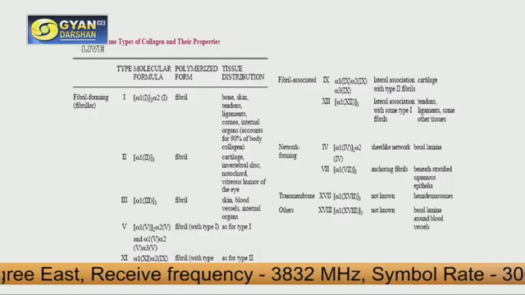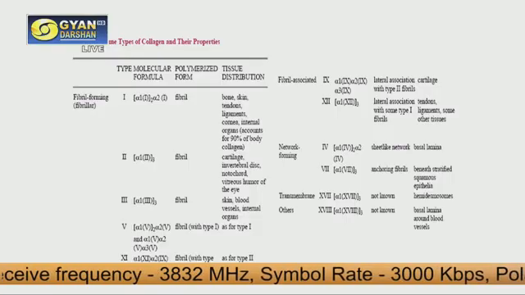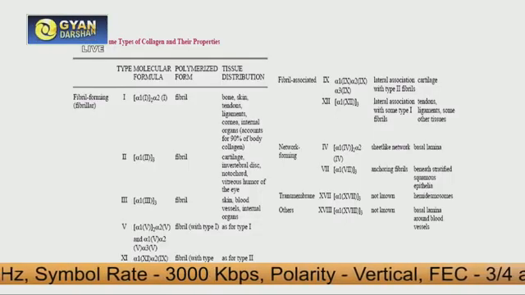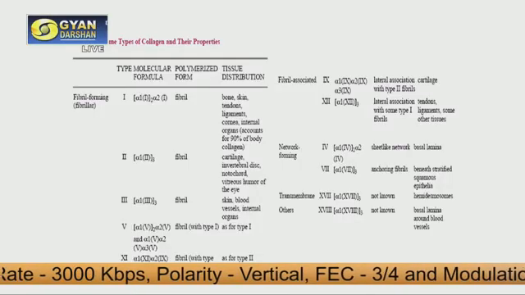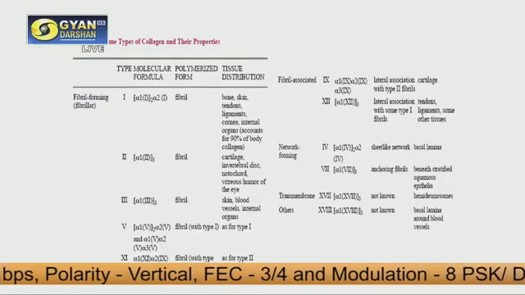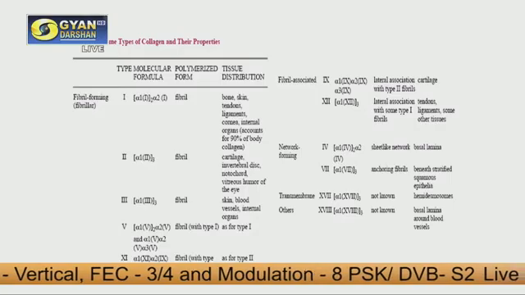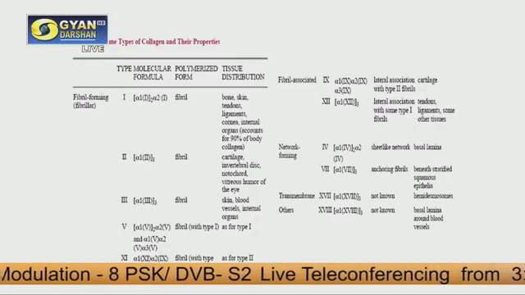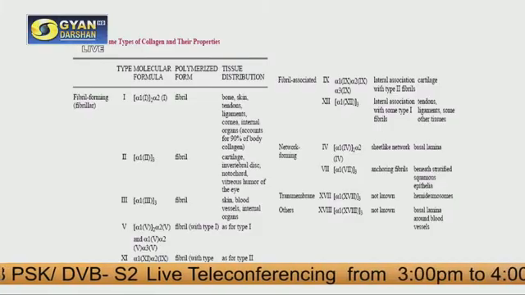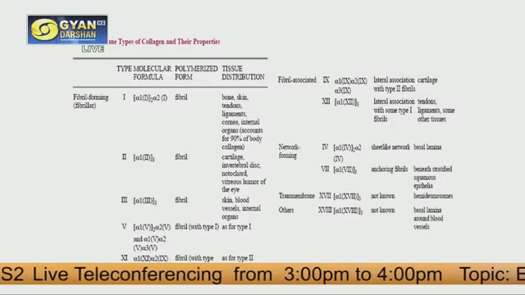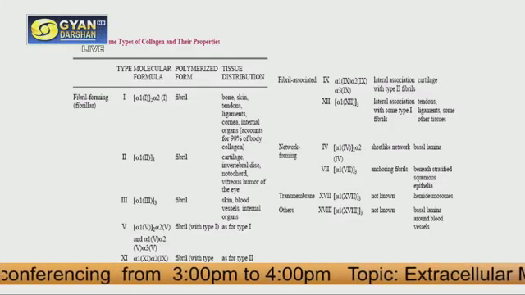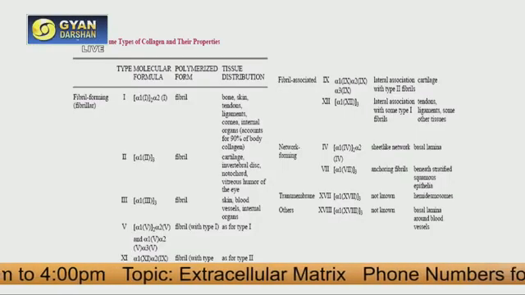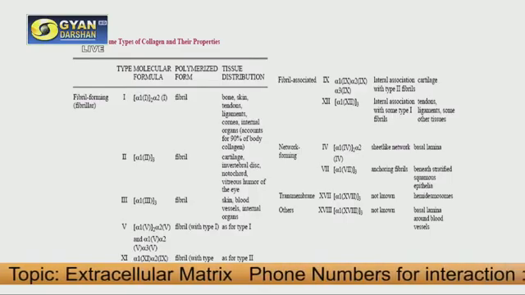If you see their distribution, fibrillar collagen is in bones, skin, tendon, ligaments, cornea. So they are widespread in distribution. Fibril associated collagen is present in cartilage, tendons. Network forming collagen in basal lamina. Transmembrane collagen in hemidesmosomes. Among the others, they are in the basal lamina, then around the blood vessels.